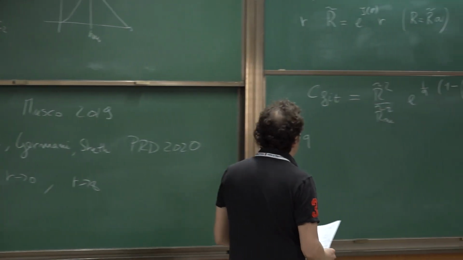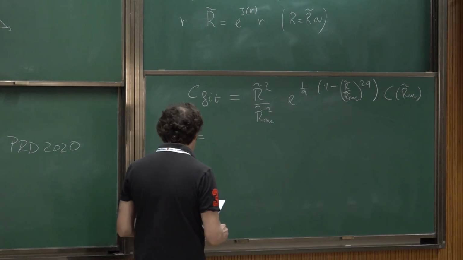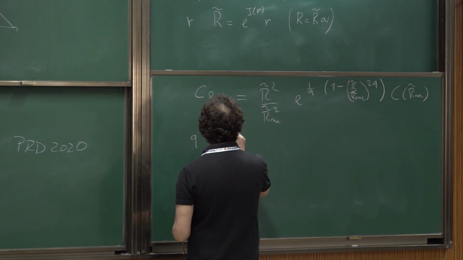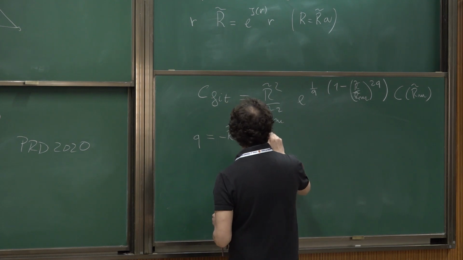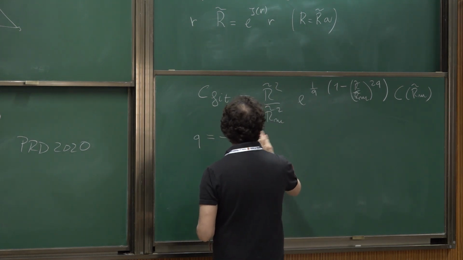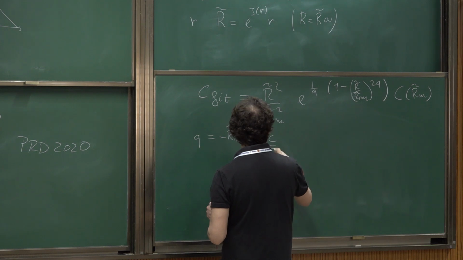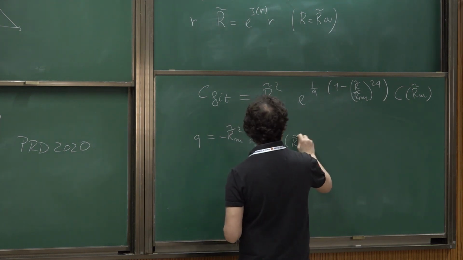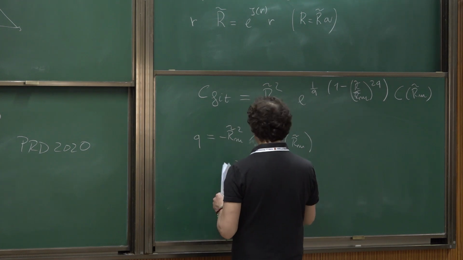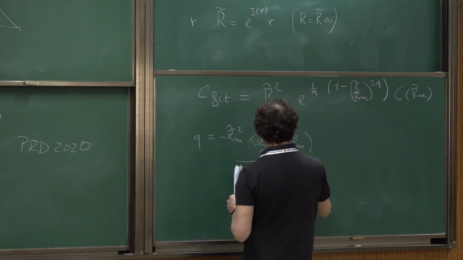So this Q parameter is going to be related to the curvature, and it is actually minus a normalized curvature, because we want to have a dimensionless quantity. So let me write: C'' squared, d tilde squared at R̃_m over 4 times C(R̃_m).